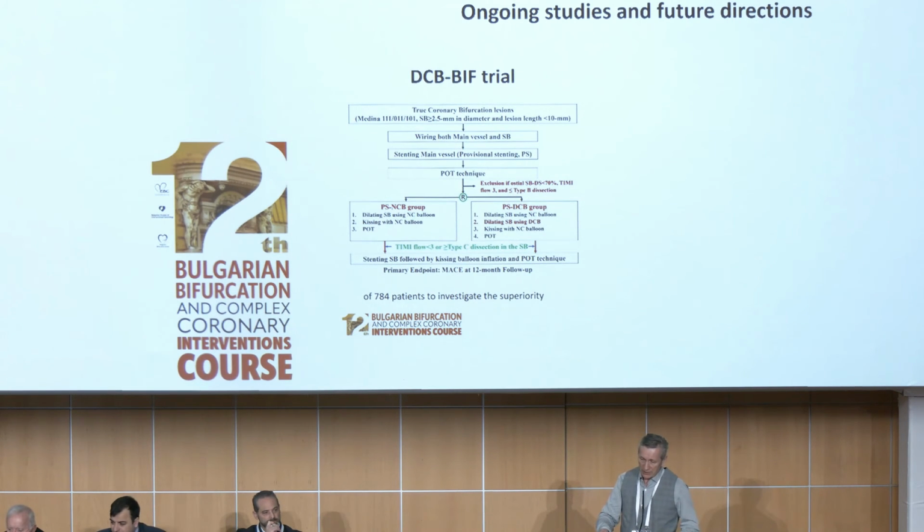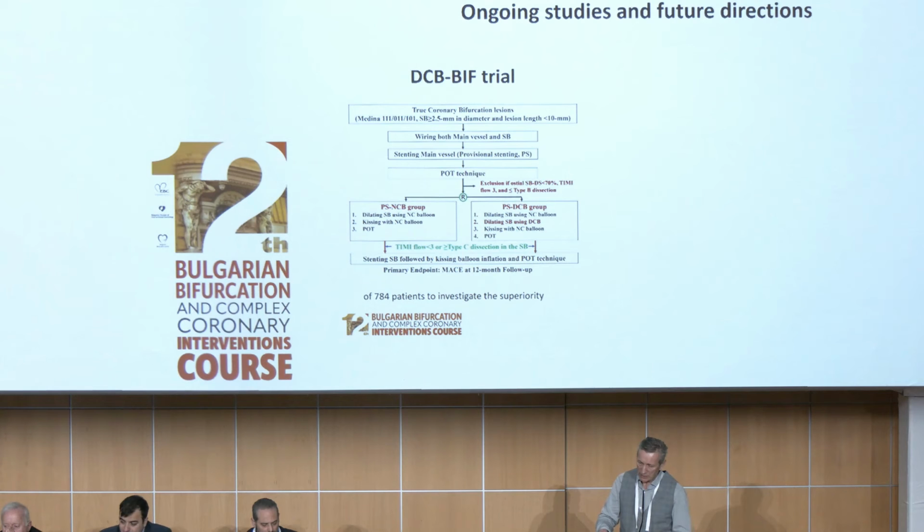I will briefly say what Chen has proposed. It's an ongoing study of almost 800 patients with true bifurcation lesions, with a side branch lesion shorter than 10 millimeters but a diameter of more than 2.5 millimeters.